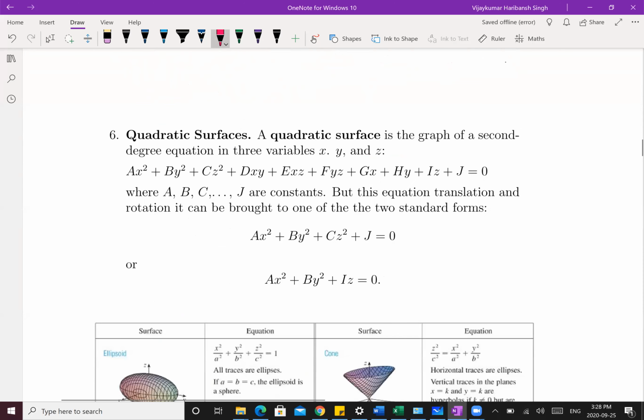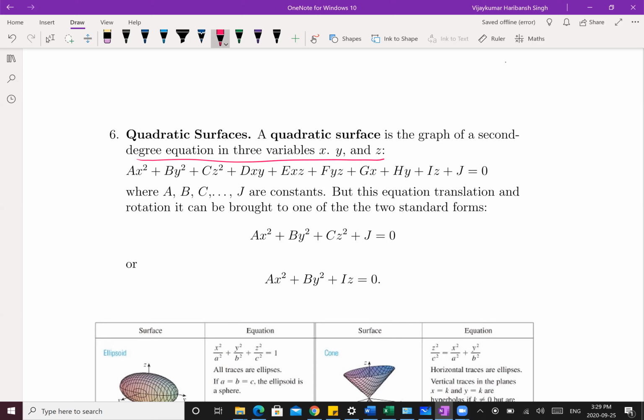Now, the next surface we want to discuss is the quadratic surface. So what are quadratic surfaces? They are given by a general second degree equation in three variables x, y, and z. So we have ax squared plus by squared plus cz squared plus dxy plus exz plus fyz plus gx plus hy plus iz plus j equals 0.